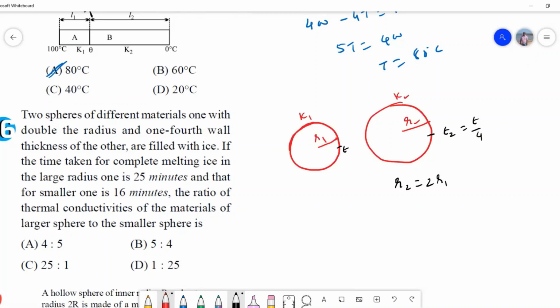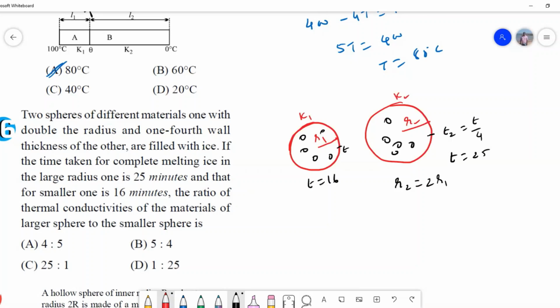Both spheres are filled with ice. The time taken for complete melting of the ice in the large-radius sphere is 25 minutes, and in the other it is 16 minutes.